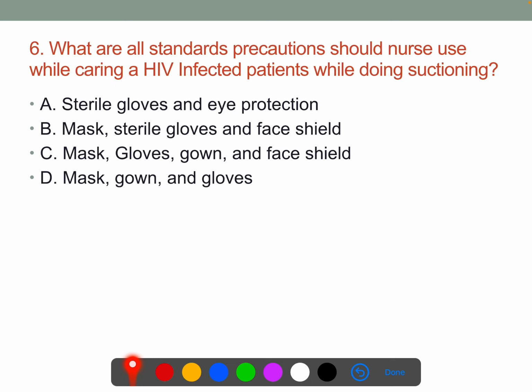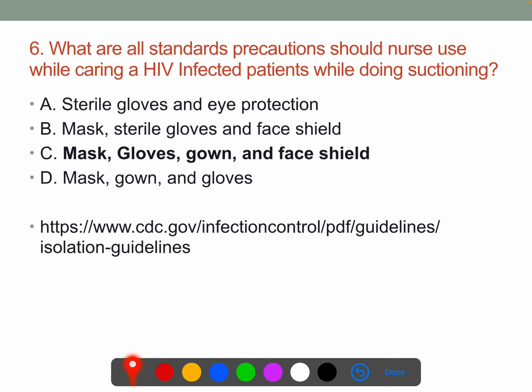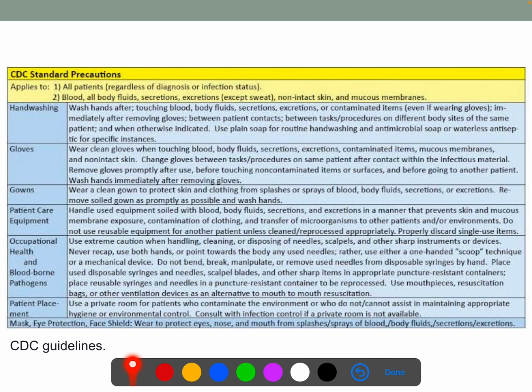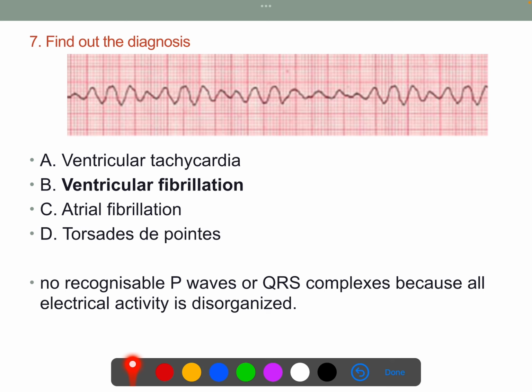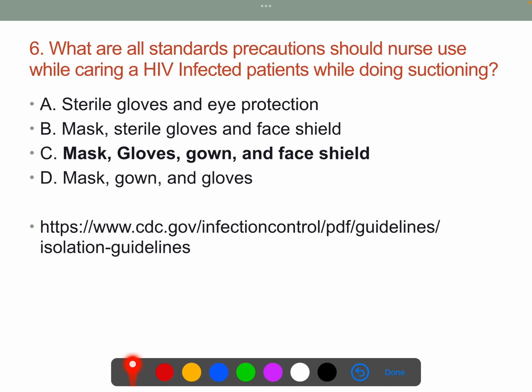Sometimes you may get confused between B and C. The answer is C. As per the guidelines, a gown is also needed. Please take notes, including washing hands, gloves, everything you need to do. One more thing: if you want full details of each and every disease, you can go through the CDC website.